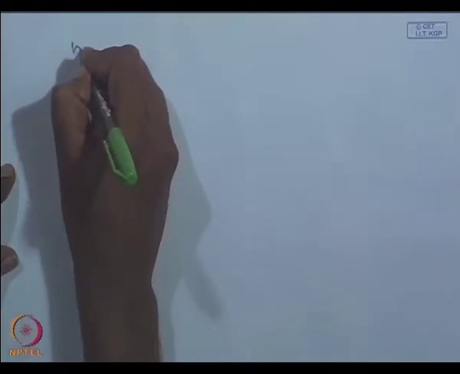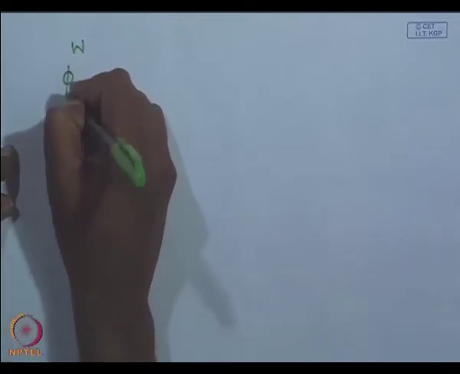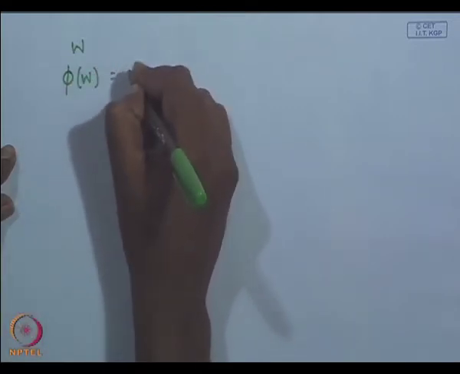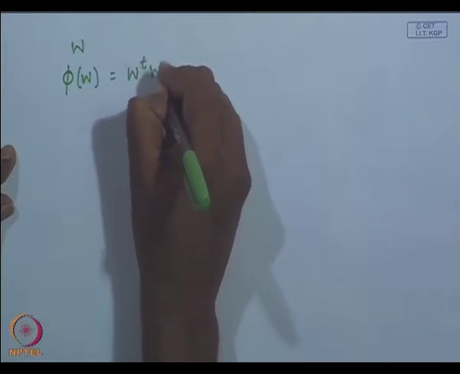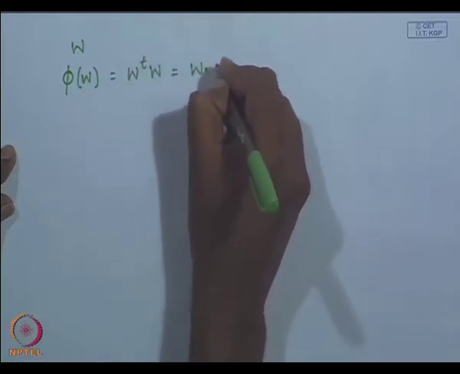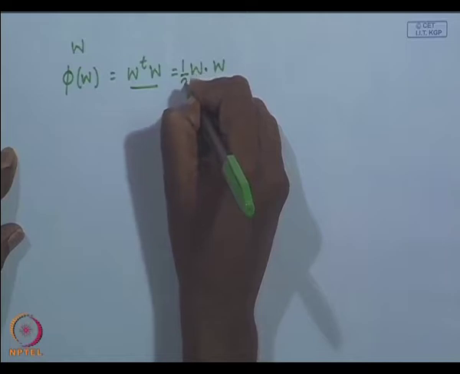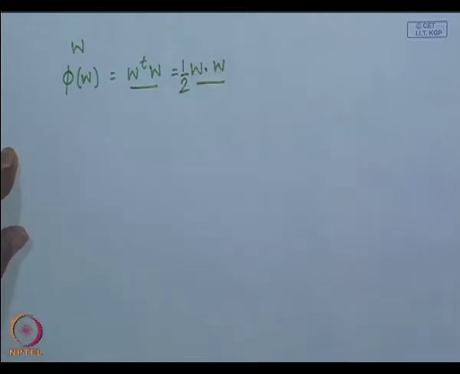So, if I want to minimize w, the weight vector, the minimization of w is the same as minimizing a function of w, which is nothing but w transpose w, or w dot w. These two are the same operations. And for mathematical convenience, which will be clear later on, I put a term half.